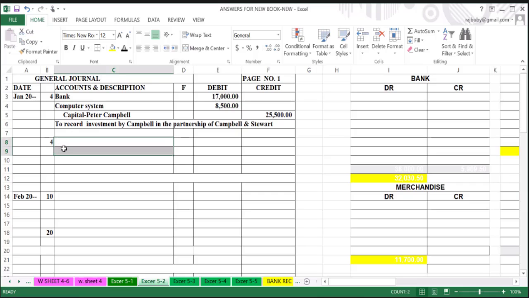And we should use the accounts receivable, the debit. It is credit, right? No, both are debit. And merchandise, also he brought it, also an asset. Not credit. Those are assets.